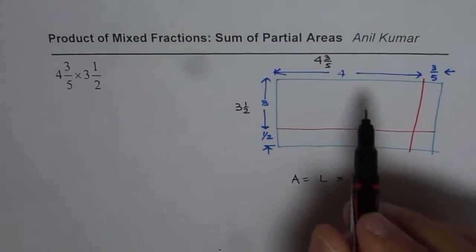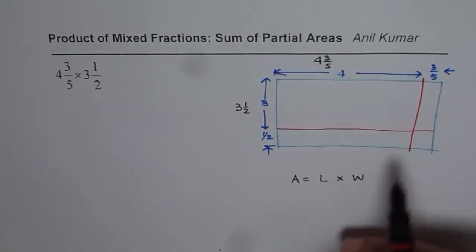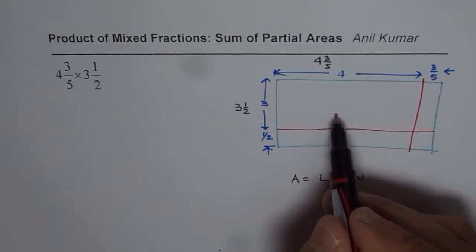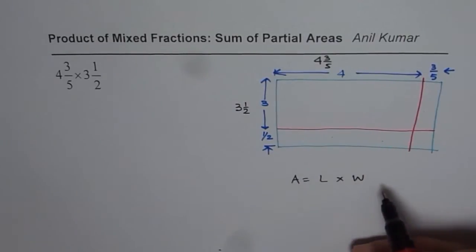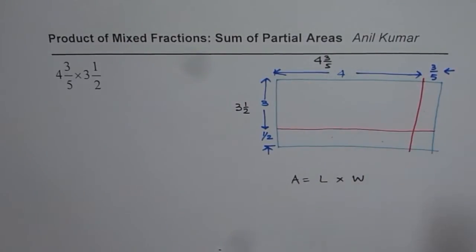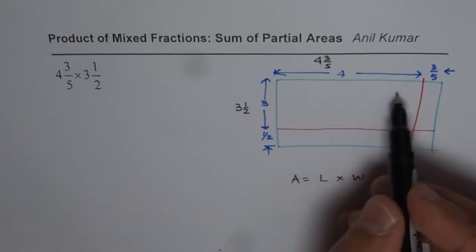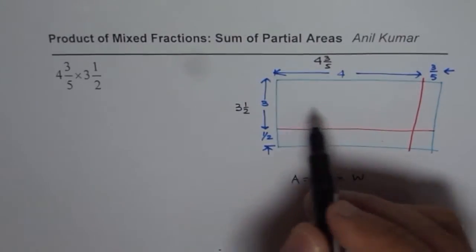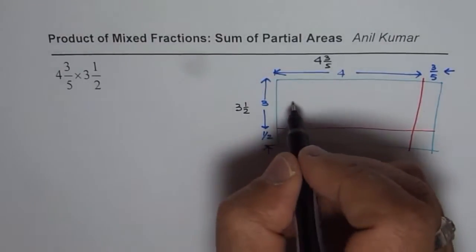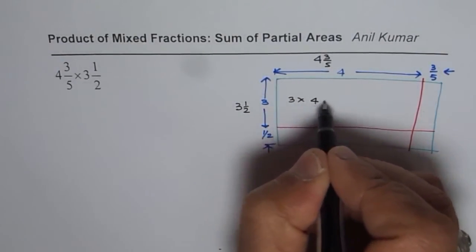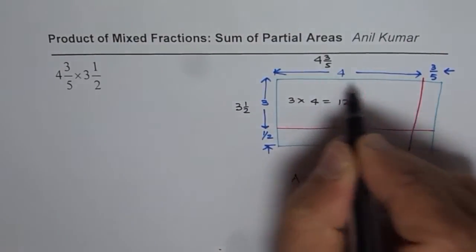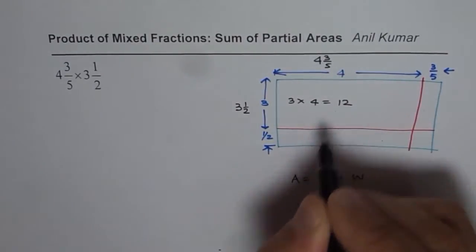Now once we do that, we'll get 4 different rectangles. Now we can find the area of each rectangle and add them up. That is all. So the first big rectangle out of these 4, the area is 3 times 4. So 3 times 4 equals 12. So the area of the big rectangle is 12.